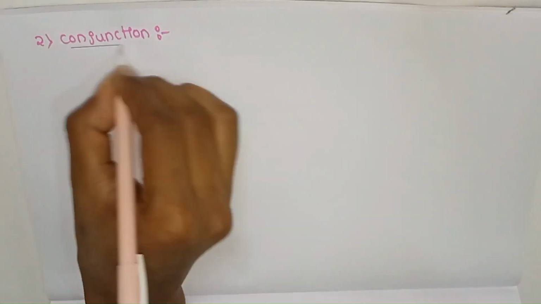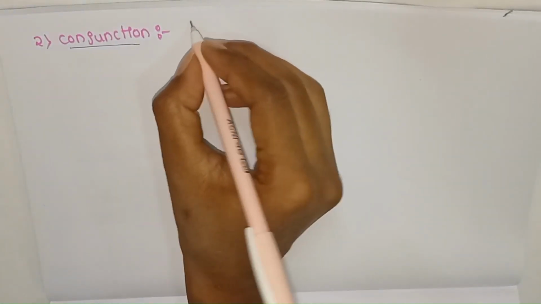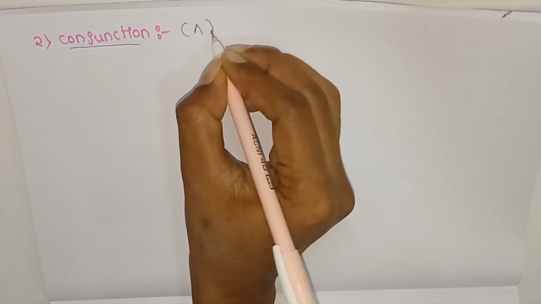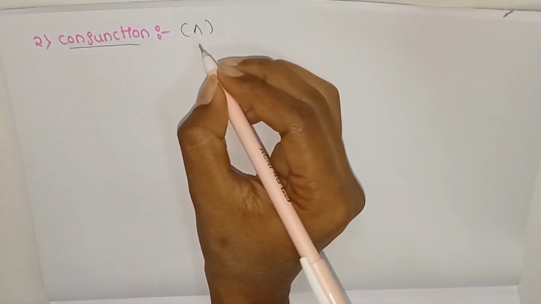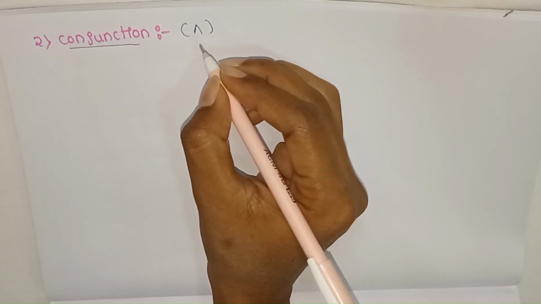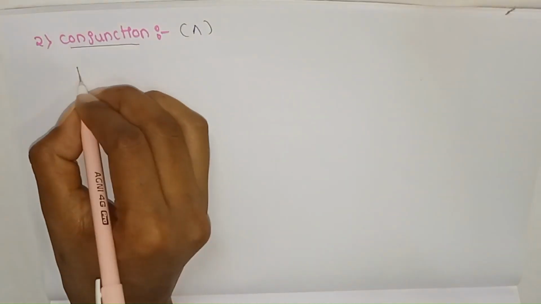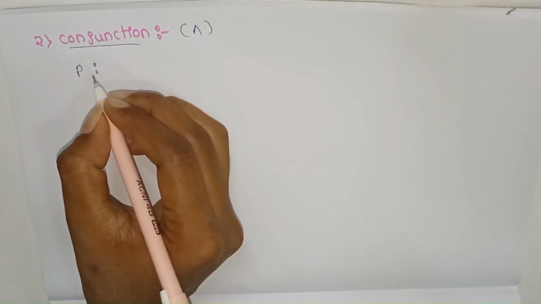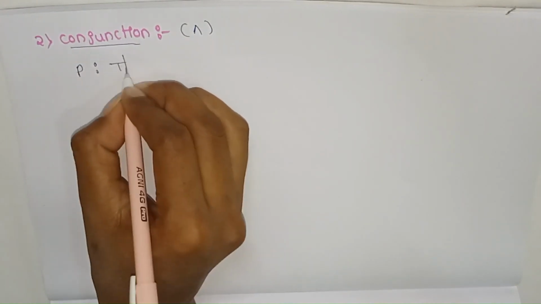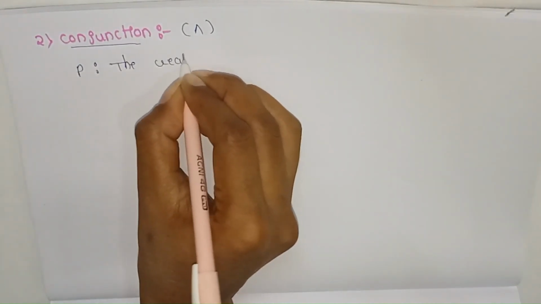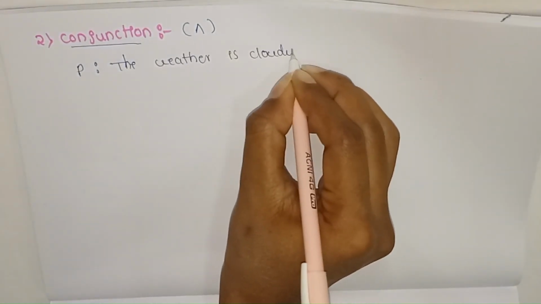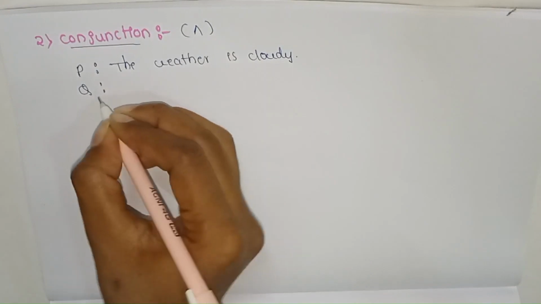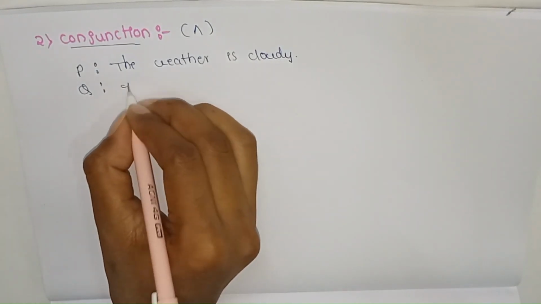So the second one is conjunction. Conjunction is denoted by the and symbol. Let us see what conjunction is. Consider these two statements P and Q. P is the weather is cloudy and Q is it is raining today.